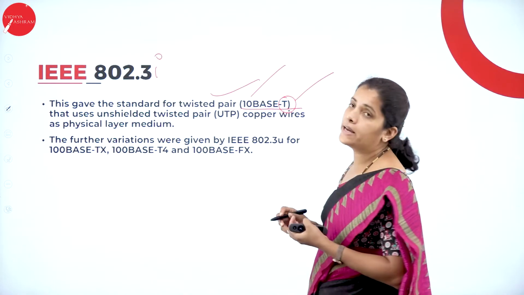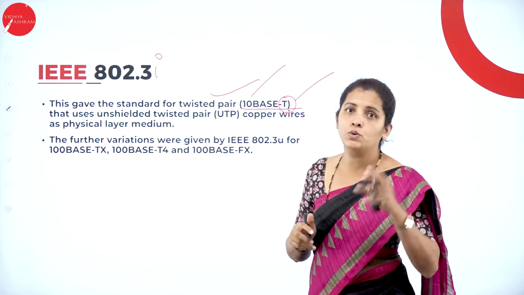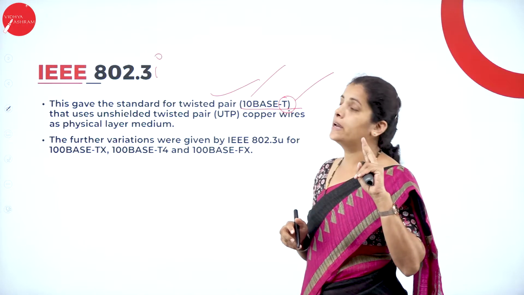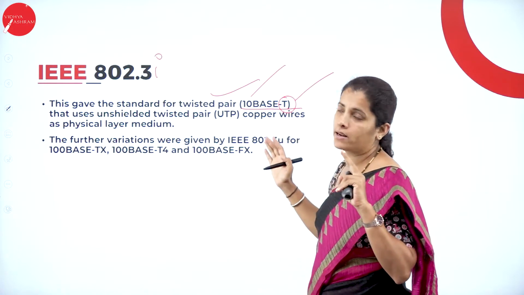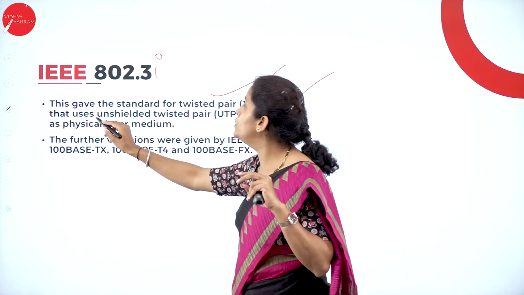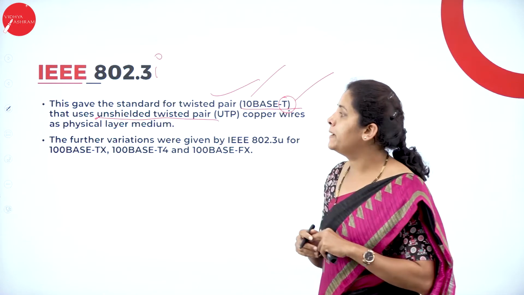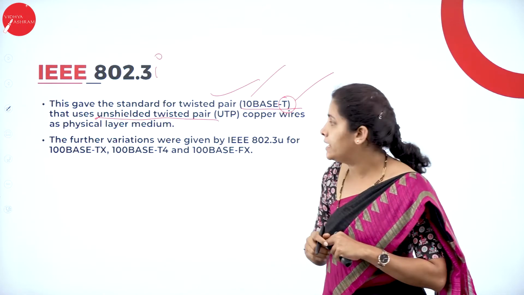The twisted pair cables are classified into two types, shielded twisted pair and unshielded twisted pair. But here we are going to use unshielded twisted pair to establish the connection.